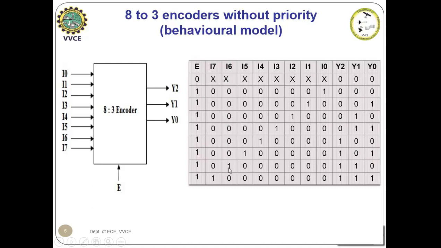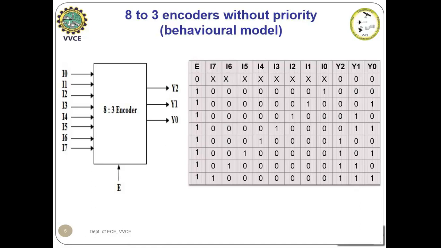When your I6 is high and rest of the other inputs are 0, your output will be 6, that is 110. And when your I7 is high and rest of the inputs are 0, your output will be decimal 7, that is 111. Now, this is the truth table of an 8:3 encoder without priority.